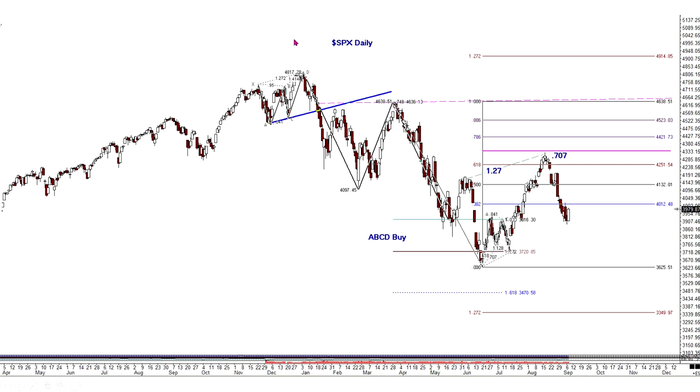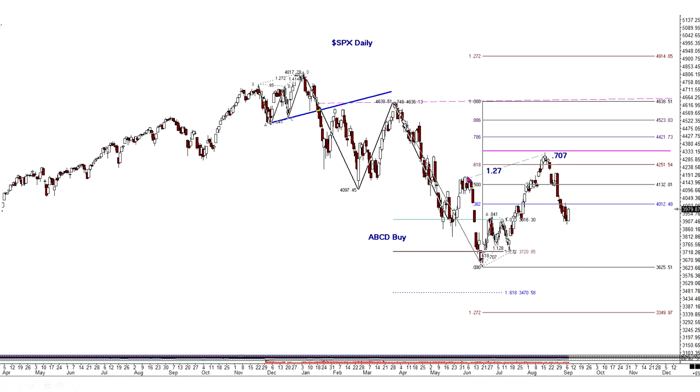Well, eventually the market made a large ABCD. So here's the 1.0. And this is something that happens sometimes with these patterns. So you have the 1.0 where the legs are equal. It's getting a little bit past that. That's not uncommon with these patterns.